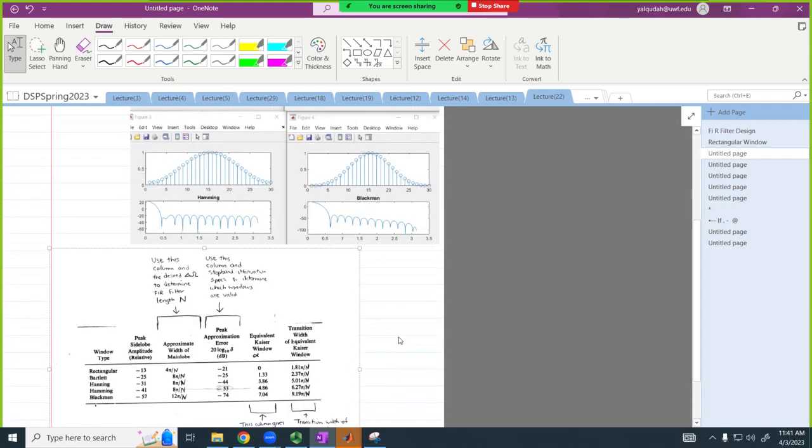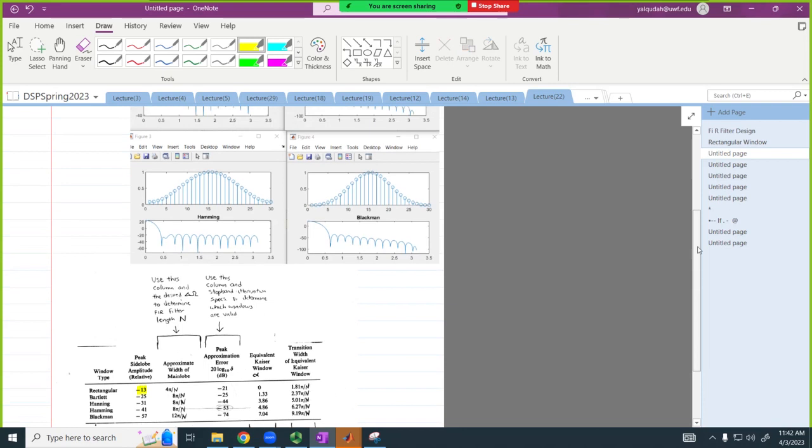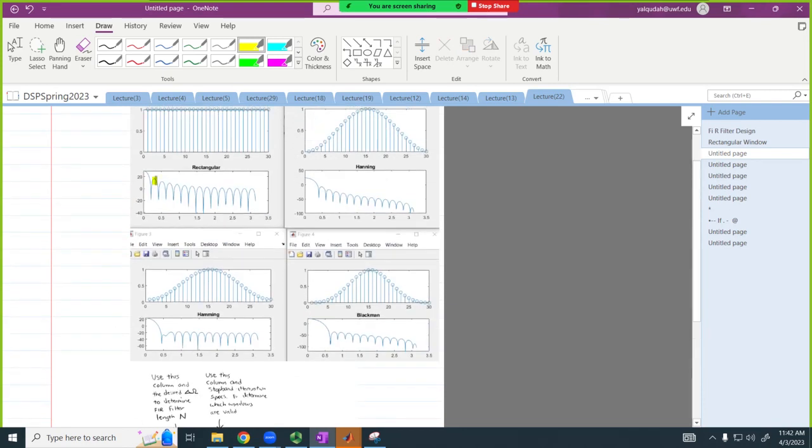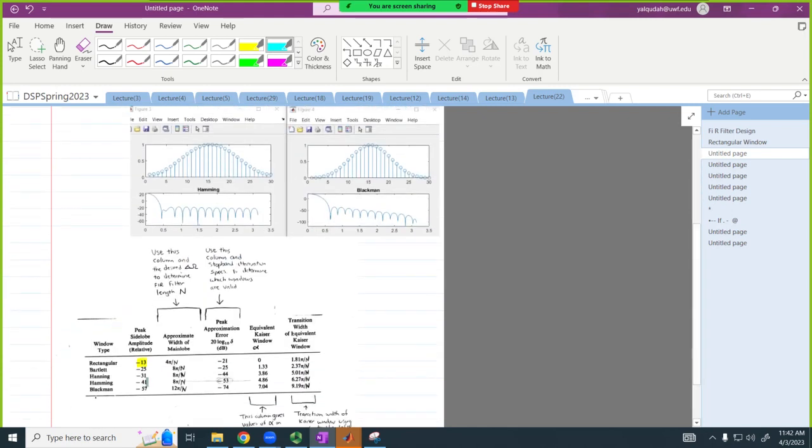Does that make sense, what these numbers are? So this negative 13 is this number here. Negative, what is this, a Hamming? This, for a Hamming, is this, and so on.